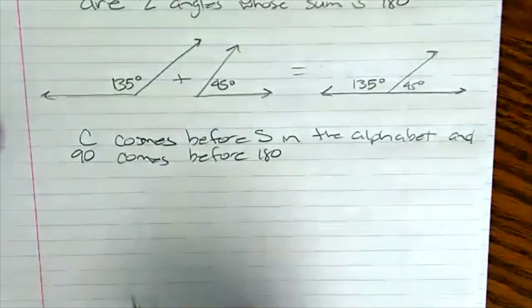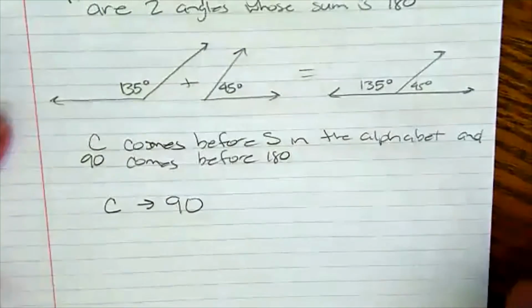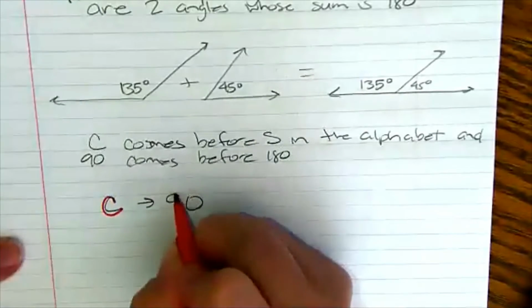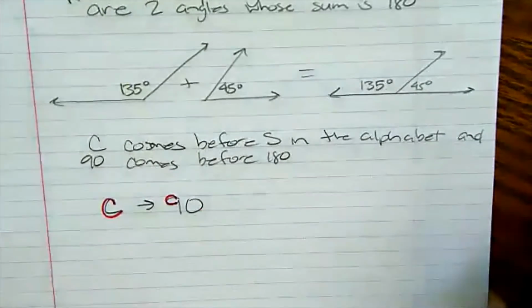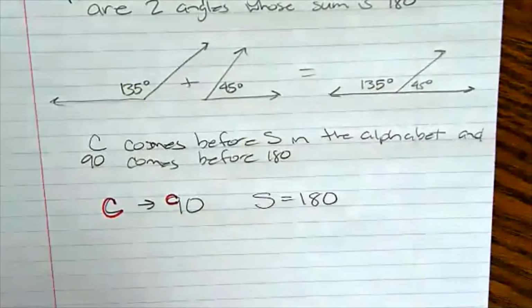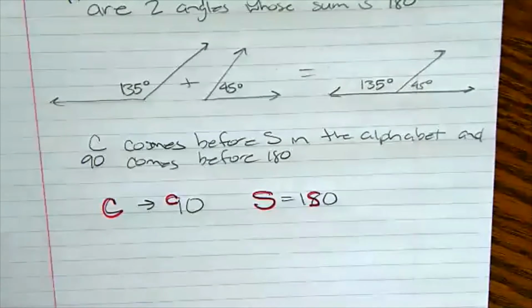When I was a kid, I remembered it this way: the C for complementary looked like the C of the 90, and the S for supplementary looked like the S of the 8.